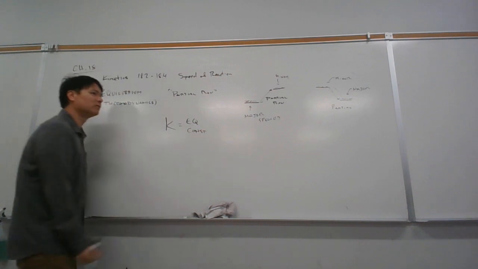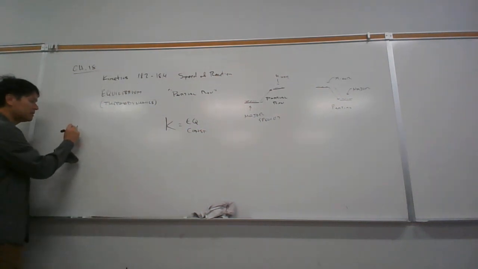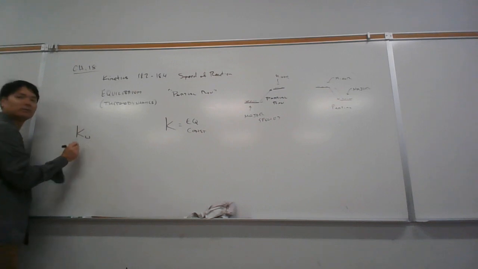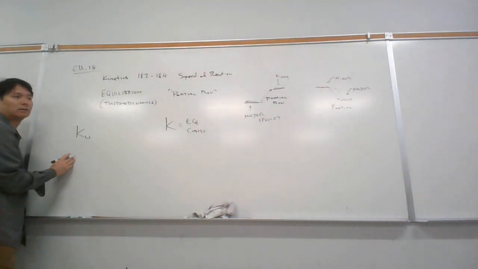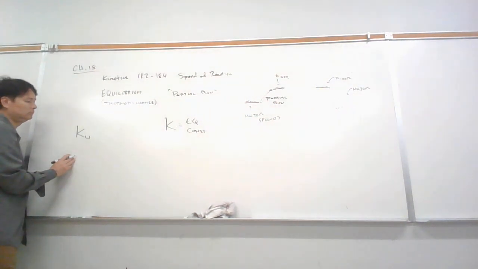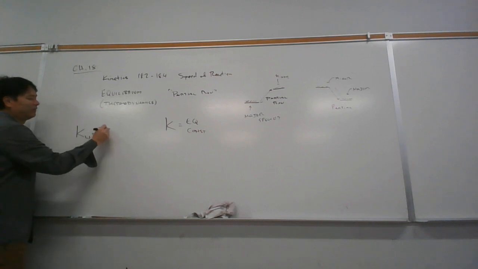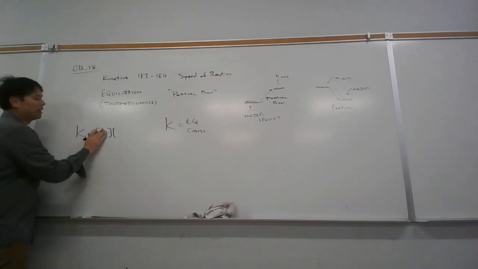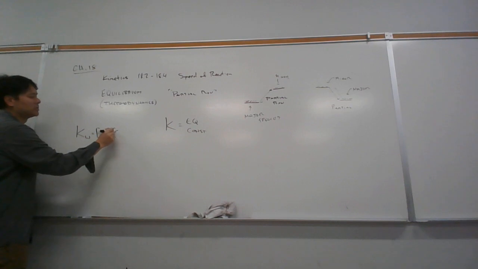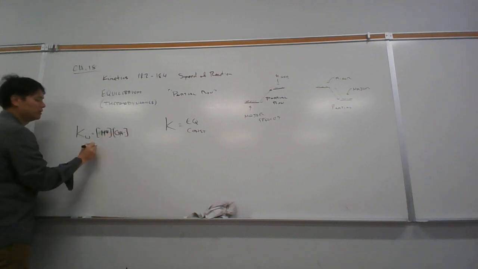There are some famous equilibrium constants. One of them is Kw. Kw is equal to the hydrogen ion concentration times the hydroxide ion concentration. And this is a constant.